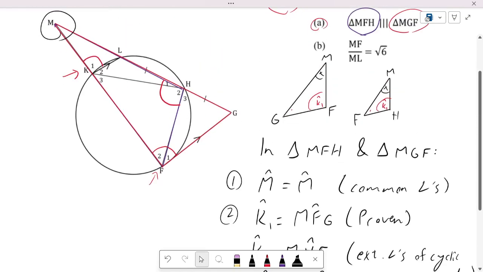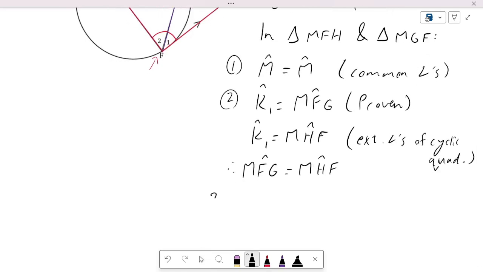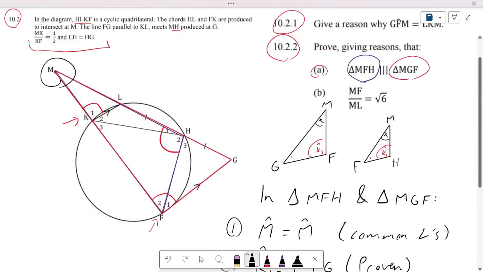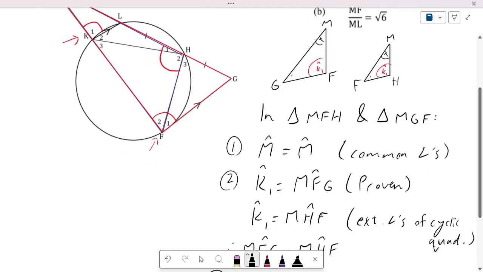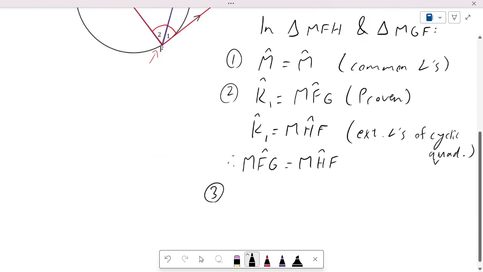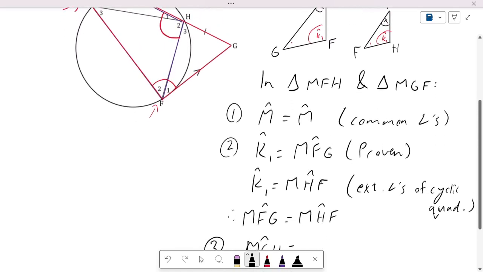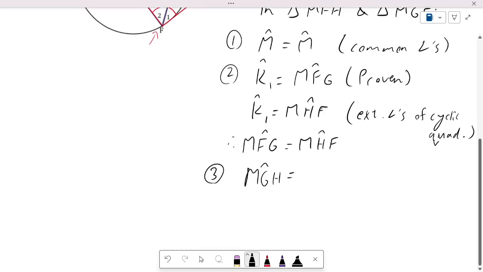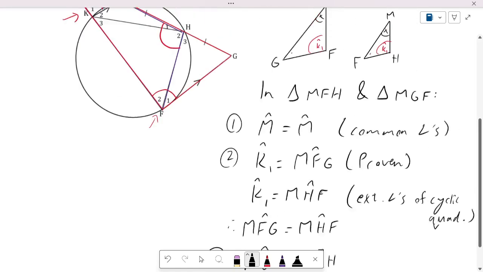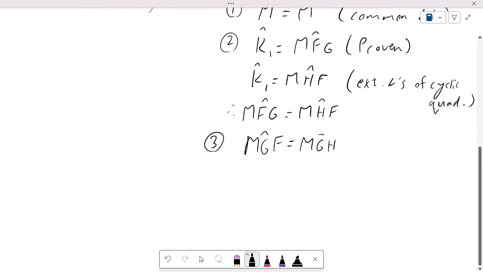And obviously the third one is going to be the leftover angles, which we can say number 3. Therefore, we're going to have MGF equal to MFH. This is a lot of going up and down over here.